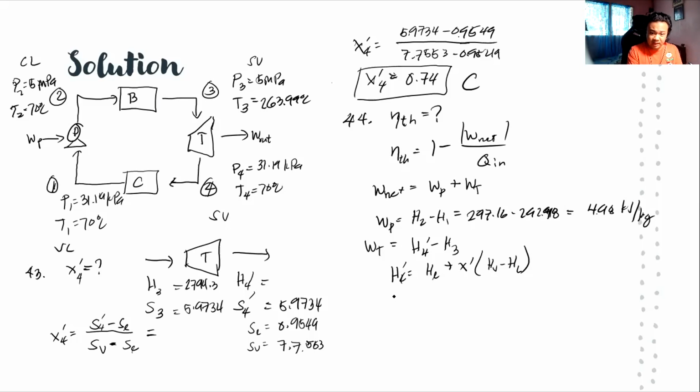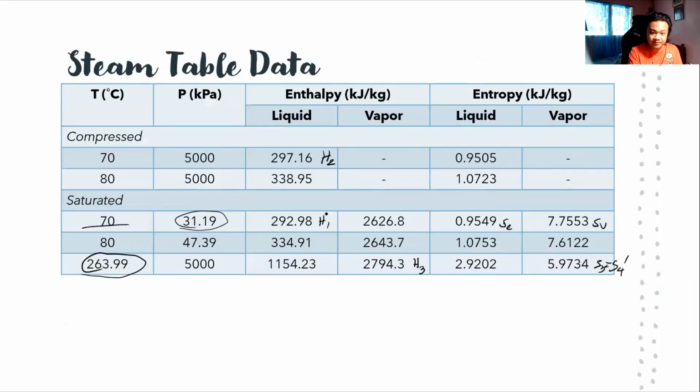So H4, diba? HL, this HL, which is H1 also, because take note that we are operating at 70 degrees Celsius in temperature, and then we have our HV, which is HL and HV.